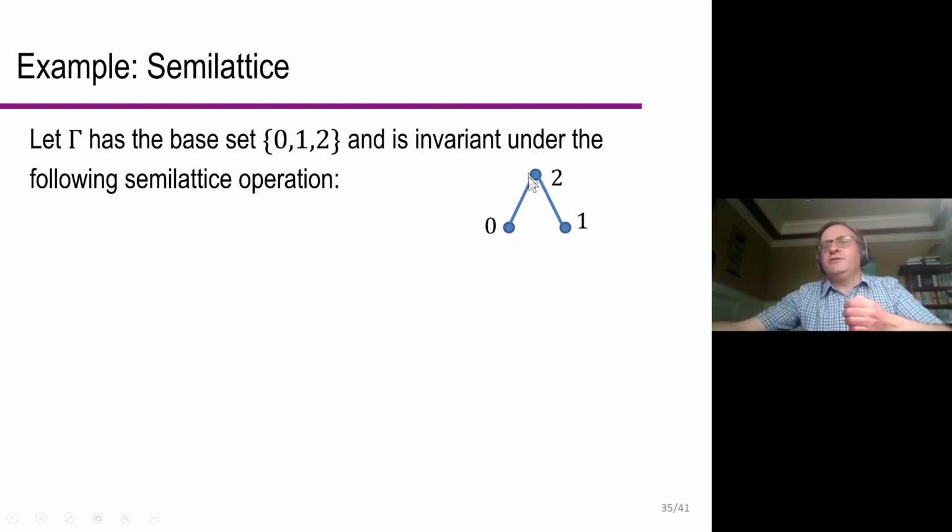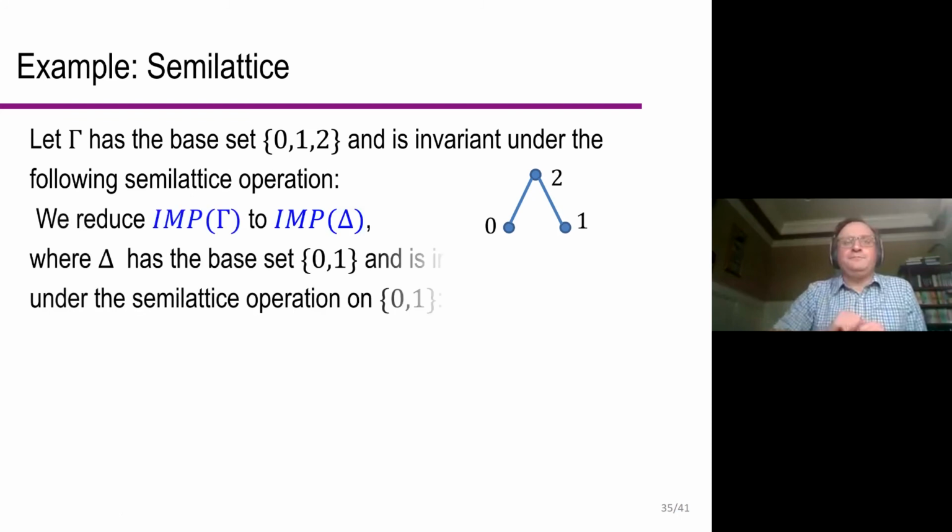So 0 times 2 is 2. 1 times 2 is 2. The only question, what is 0 times 1? And 0 times 1 has to be an upper bound for both of them. So the upper bound for both of them is 2, so 0 times 1 is 2. That's the semilattice. And this is how it's convenient to represent it.